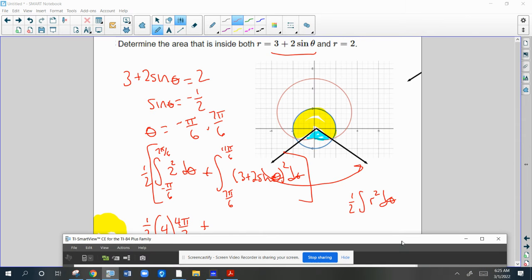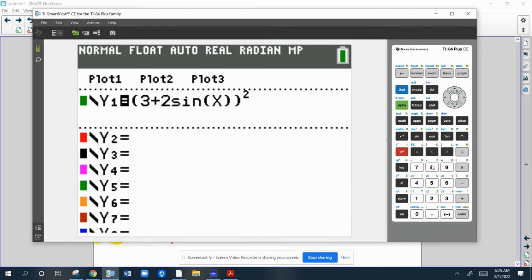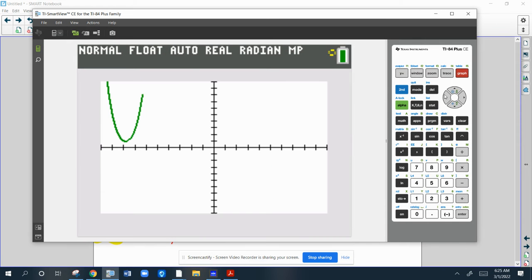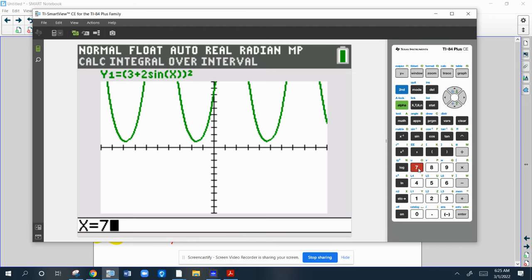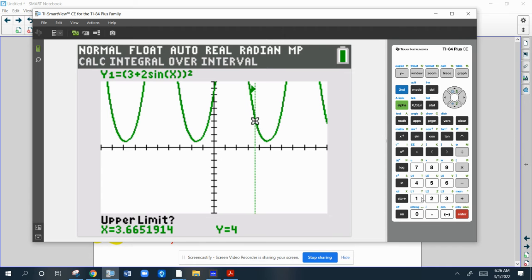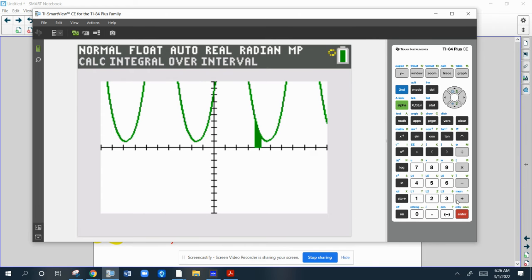And we're going to evaluate that from 7 pi over 6 to 11 pi over 6. So integrate from 7 pi over 6 to 11 pi over 6. And we get 3.9857.